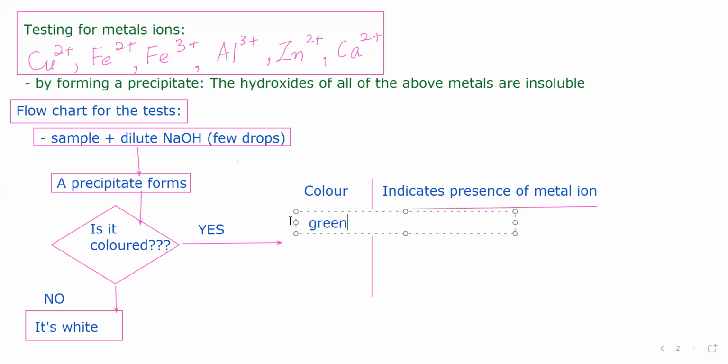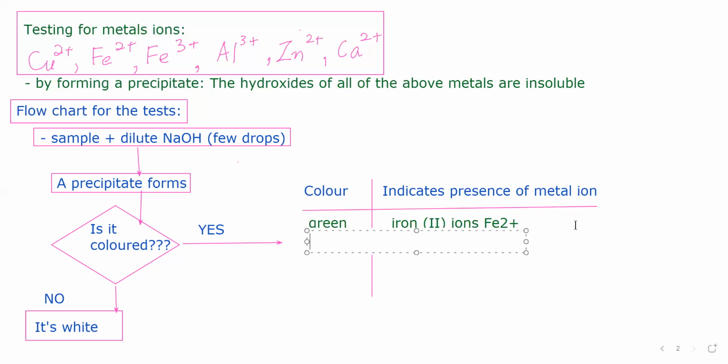When I observe a green color, it indicates the presence of iron 2 ions, which we write as Fe2 plus. Then I will talk about red brown.